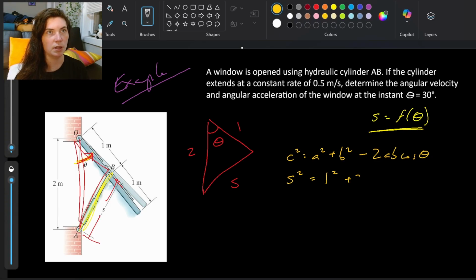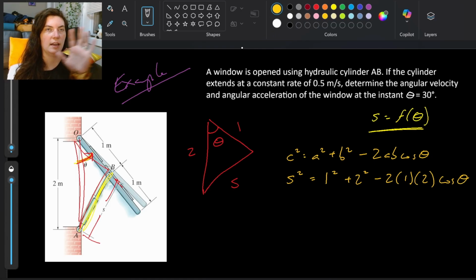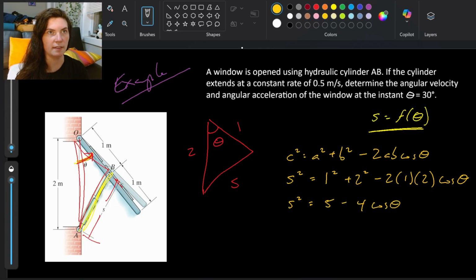So 1 squared plus 2 squared, those are the side lengths, minus 2 times 1 times 2 times cosine theta, where I have the s on one side and the theta on the other, so that I can get s in terms of theta. So here I've got s squared equals 5 minus 4 cosine theta. And of course I could square root that.